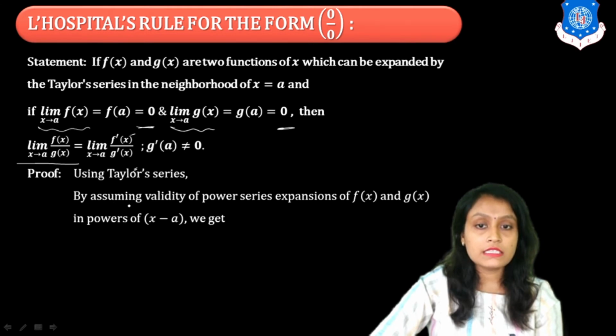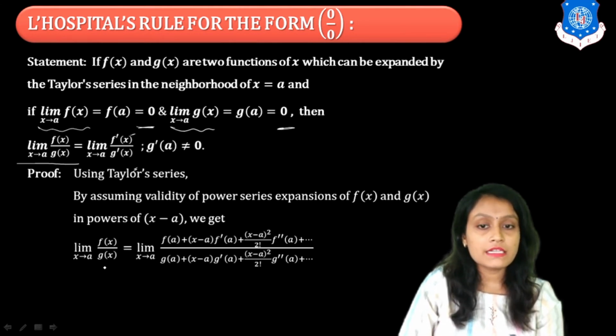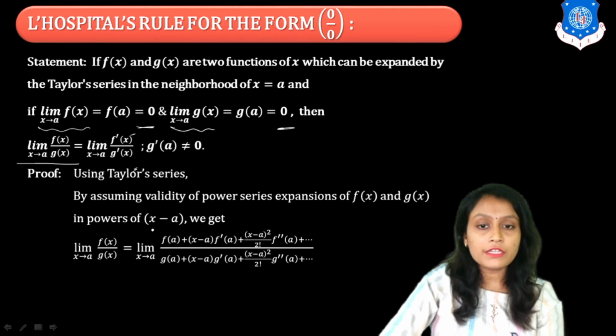Using Taylor series, by assuming validity of power series expansion of f(x) and g(x) in powers of x minus a, we get limit x tends to a f(x) upon g(x) is equal to limit x tends to a. Now we will write the Taylor series of function f(x) in powers of x minus a.